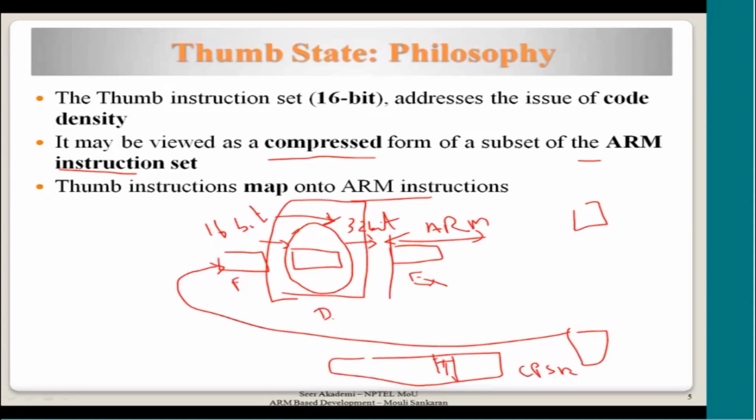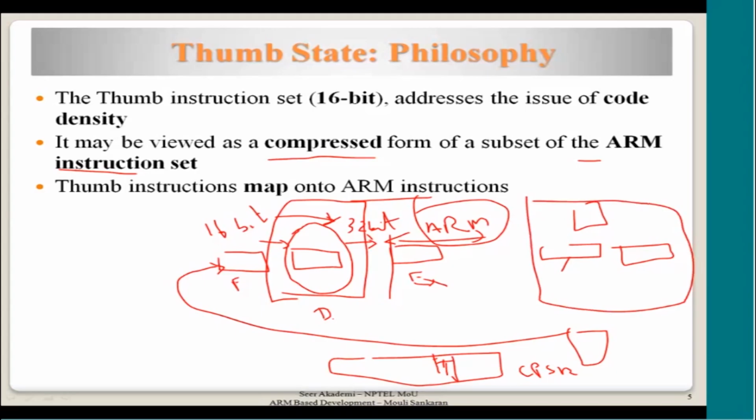It accesses all the 32-bit registers, and then they do similar operations that the original ARM mode was doing. So that will be performed, but with some associated limitations which we will talk about. So what I am saying is the 16-bit instructions in the memory get decompressed into a 32-bit equivalent ARM instruction, and then it is executed internally.